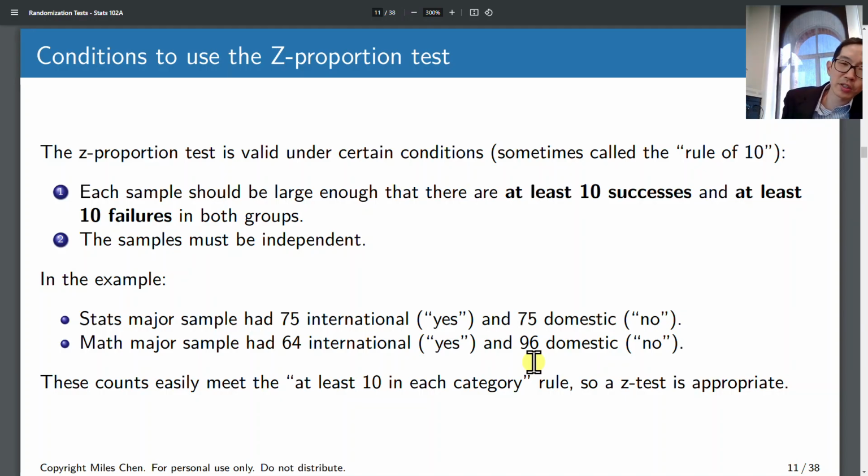As far as our example goes, our samples were big enough. We had 150 people in the stats major, so 75 yes and 75 no for international. For the math major, we had 160, which was 64 yes and 96 no. So all four of those numbers are bigger than 10, so a z-test is okay here.